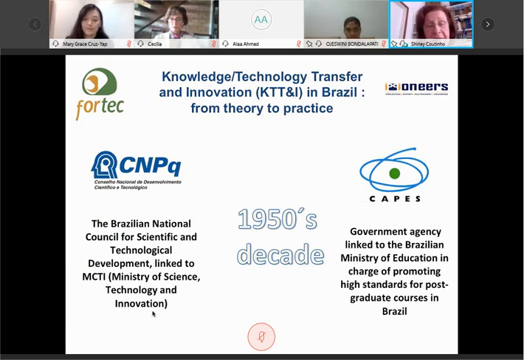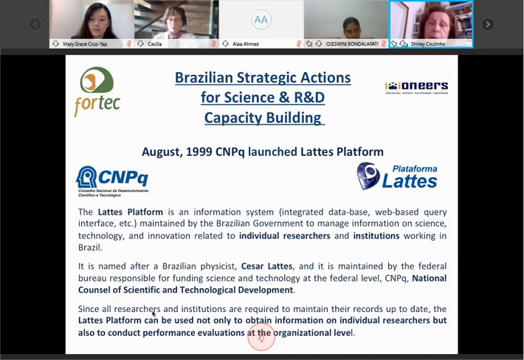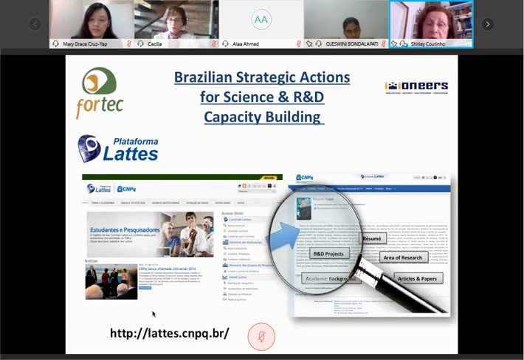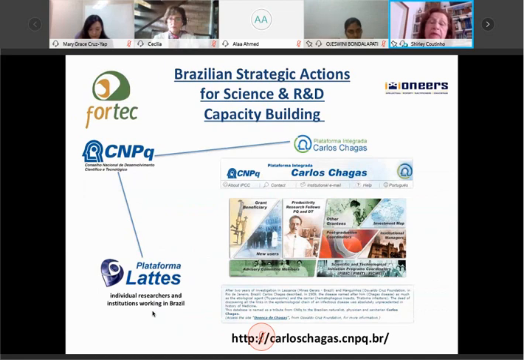The first step in Brazil started with the creation of two agencies: one that encourages and supports science and technology research, and the other evaluating higher education. Then something very special in Brazil was launched: we have two platforms where you can see all the research, what they are doing, where they are located, and with whom they are working, and this is accessible to everyone.